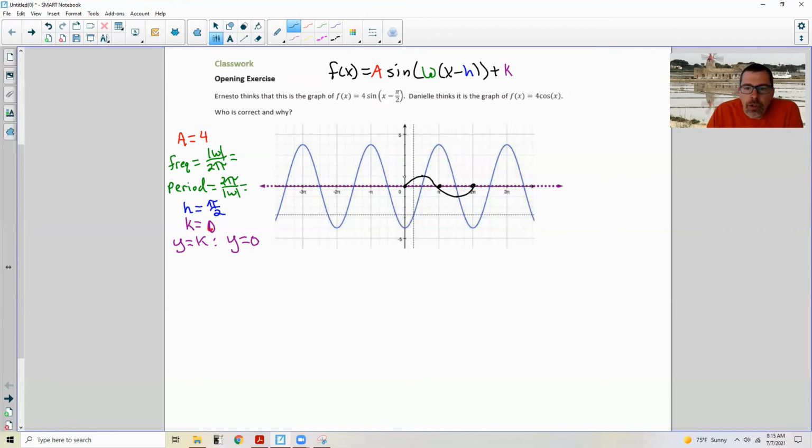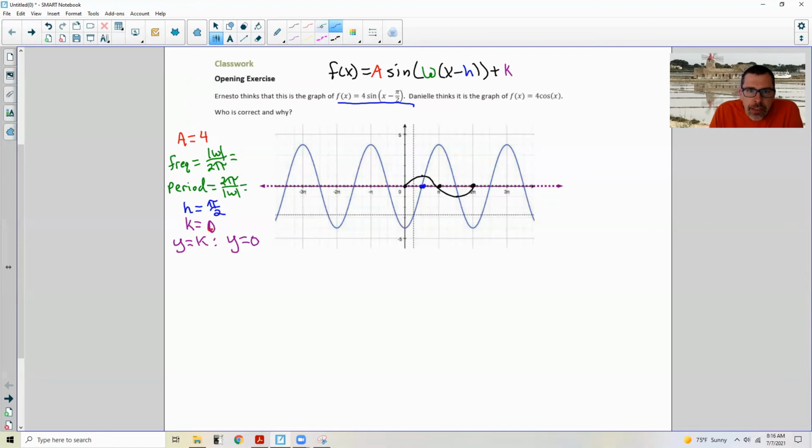Okay, so first thing I would do is start with my starting point. If this is going to get shifted to the right by pi over 2, well, pi over 2 is right here. So that would put us right here. So I will do the graph of f of this in blue. So it starts there.